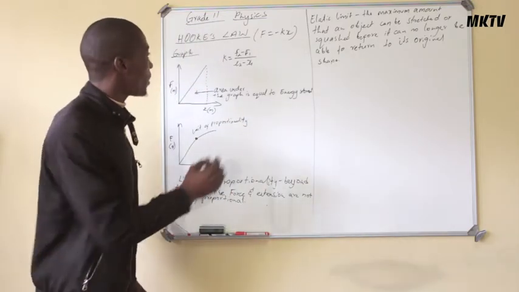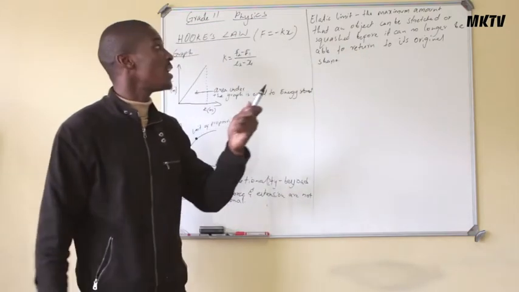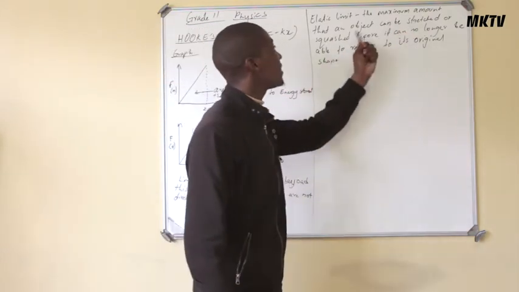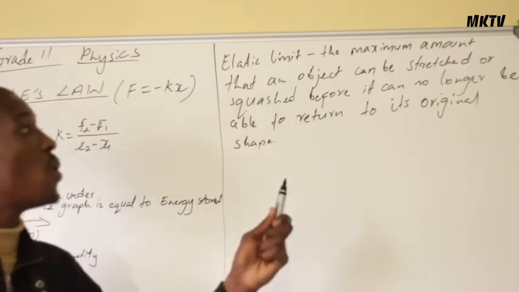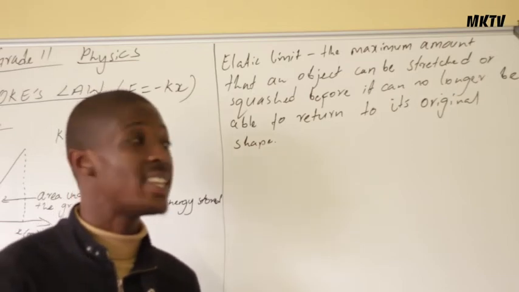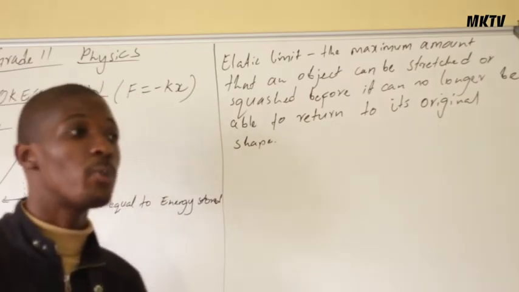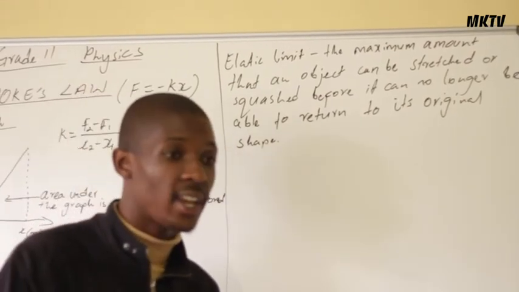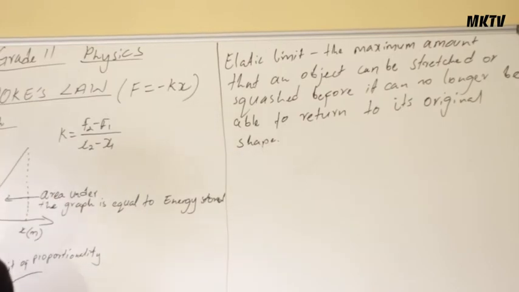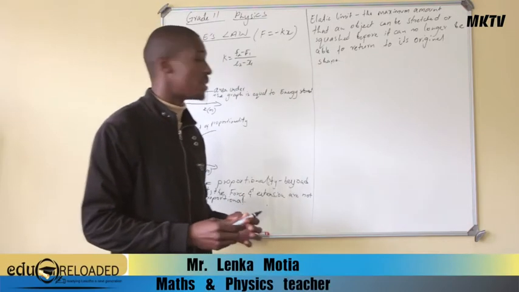Again, the elastic limit is the maximum amount that an object can be stretched or squashed before it can no longer return to its original shape. If you take a paper and squash it, and it does not return to its original shape, it has reached its elastic limit.